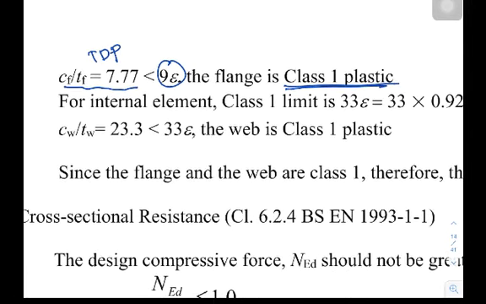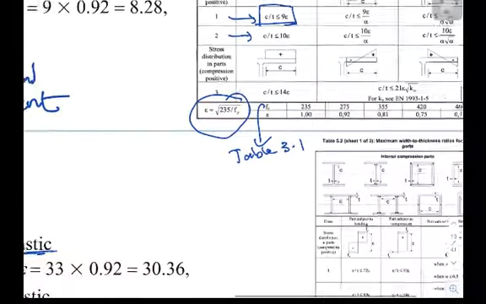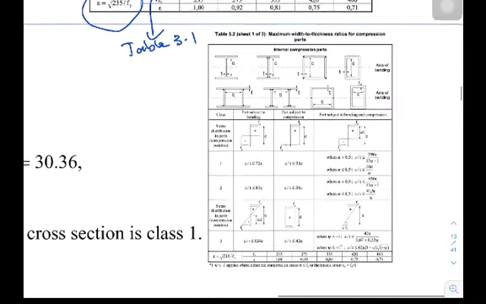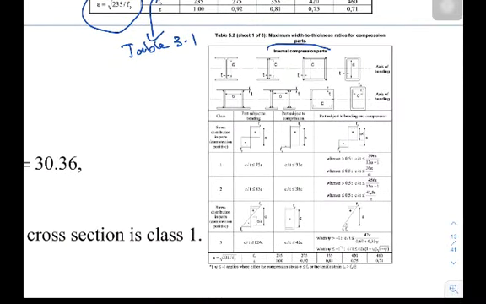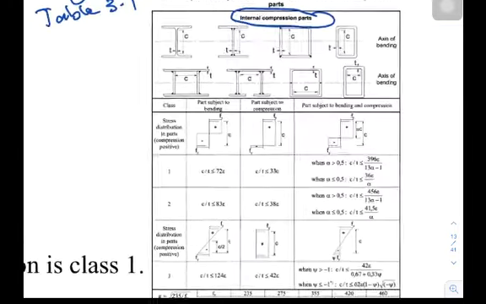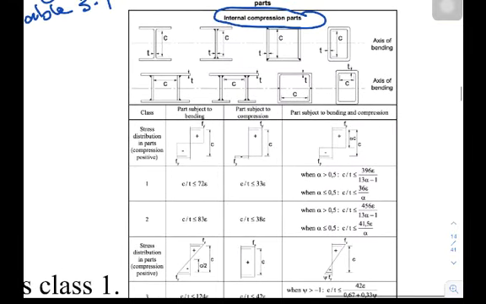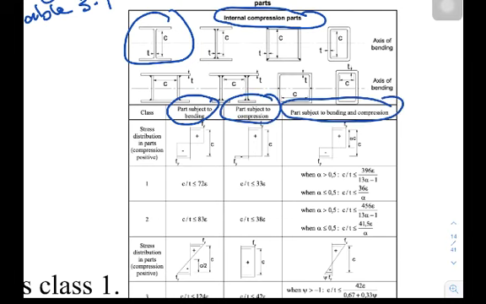Then for the web, which is the internal element, we refer to this table, and it is a web element, which is this one. You have to choose whether the part is in bending, compression, or a combination of the two.